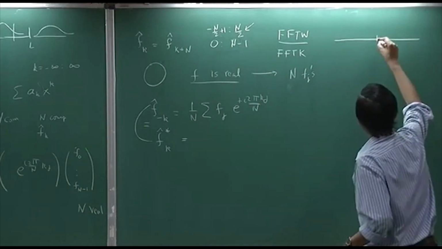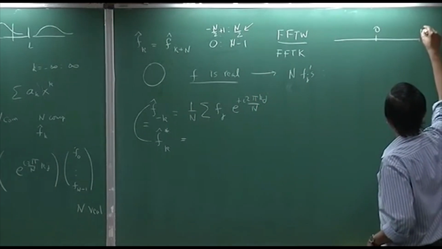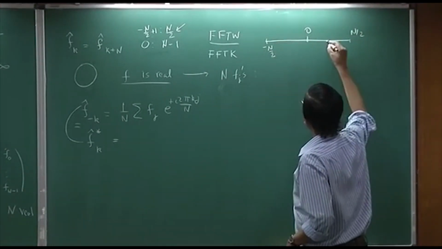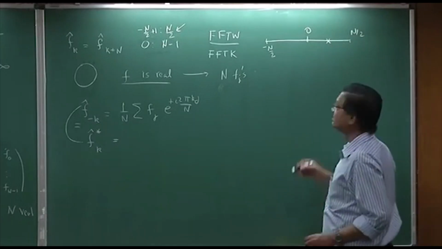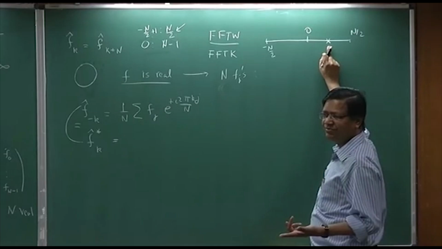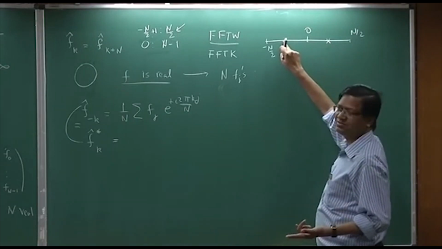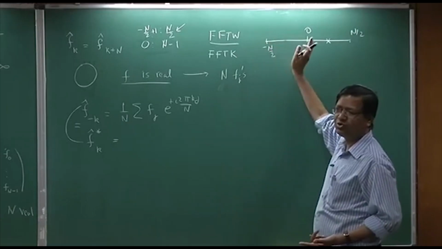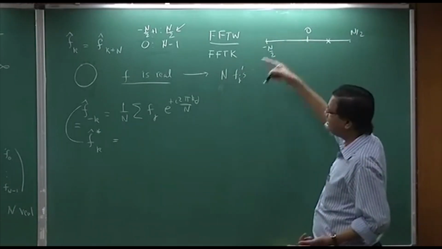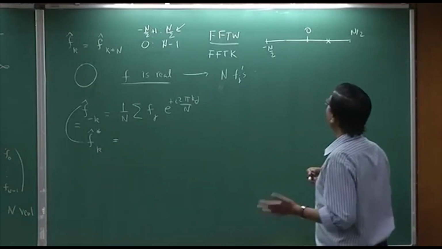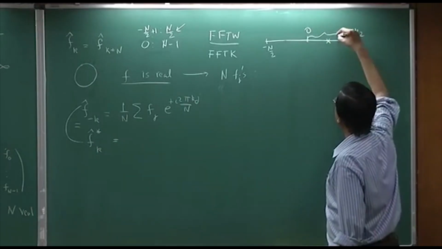Now, this is the tricky part, 0 to n by 2 and this is minus n by 2. If I know this value, let us say 3, then what is f of minus 3? It is the complex conjugate of this. So, I do not want to store these. I do not store any of the left values, the negatives are all connected. You store only these.